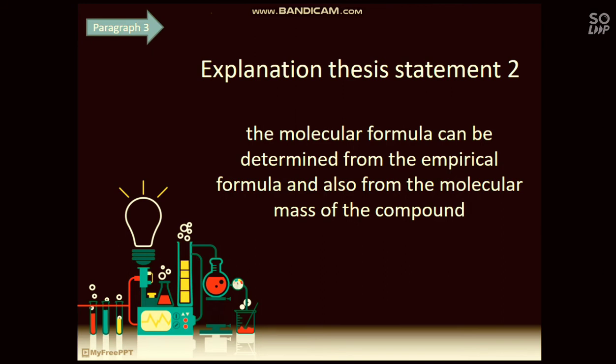But there are some compounds whose molecular formula is the same as the empirical formula, and usually this is found in ionic compounds. It is stated to be the same if the molecular mass is equal to the calculated empirical formula mass. So, the empirical formula is also the molecular formula.